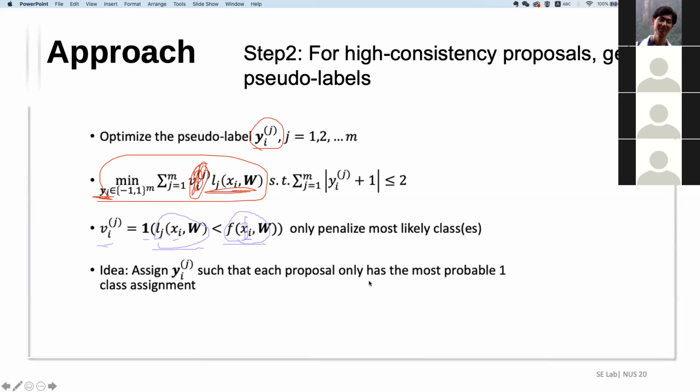So I think it's not very important to look at the details in this formula because you understand the idea, right? You just assign yi, which is most probable. Simple, right? That's very clear, but I think the details matter here. And I'm trying to look into it, so I keep asking questions.